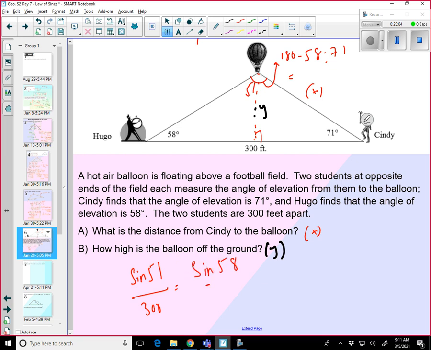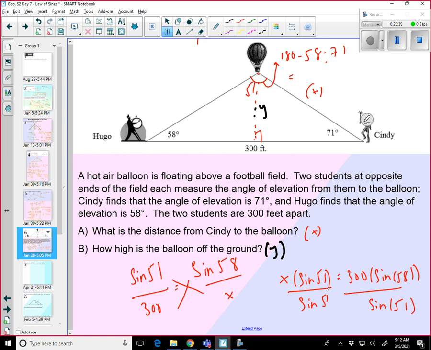over x. Okay, let's cross multiply this. That gives us x times sine 51 equals 300 times sine 58. Further dividing by sine 51 on both sides to get the value of x.